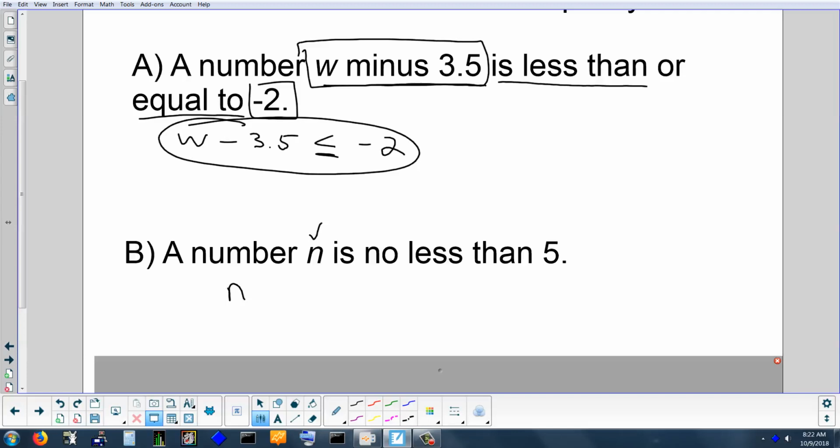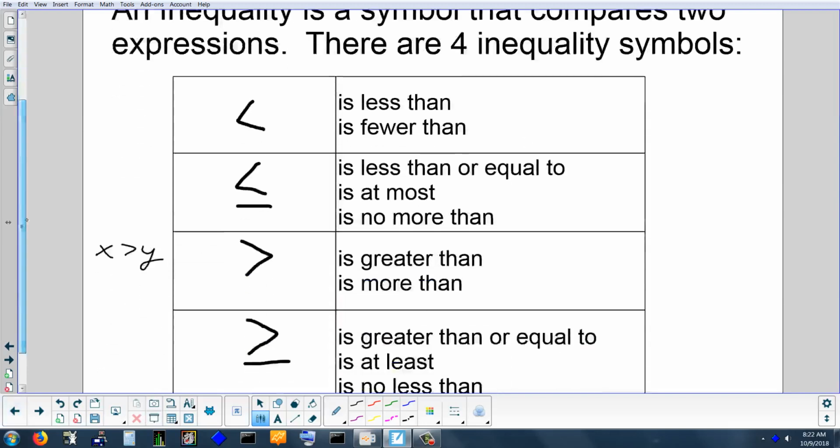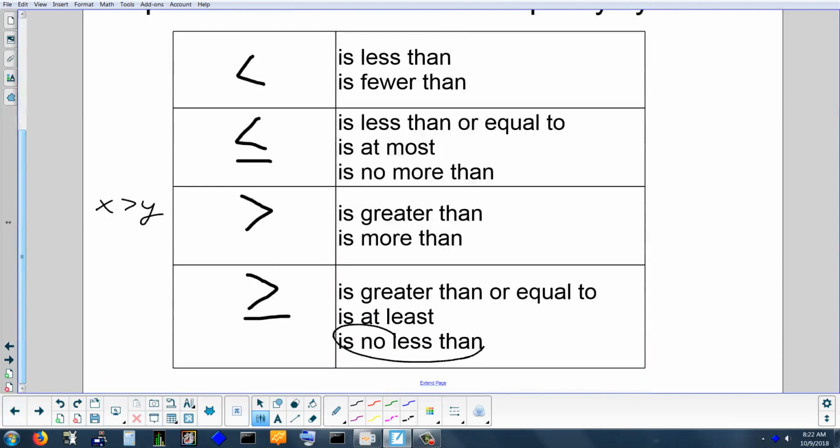What inequality symbol is that when you have no less than? Like if I said to you, I have no less than $5. Yeah, greater than or equal to. If we go down, there it is, that's the one we just used. No less than means greater than or equal to.